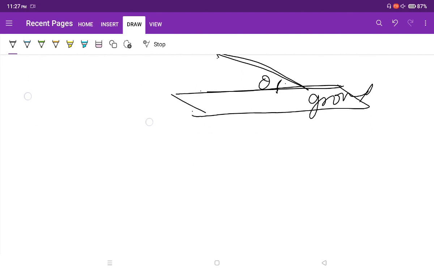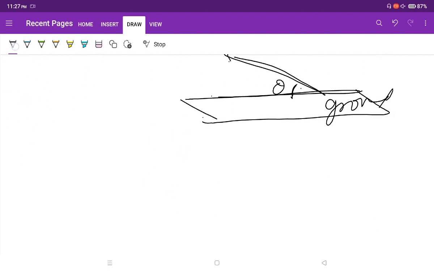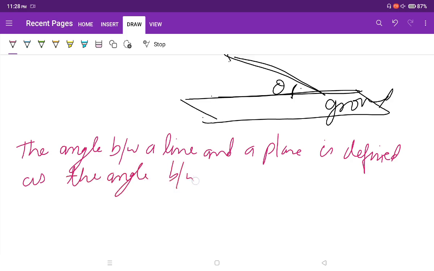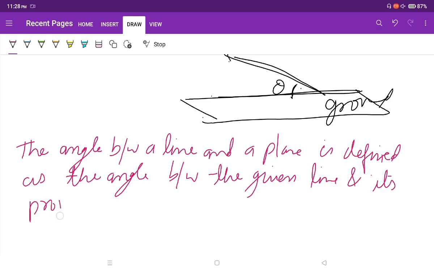Now what is the actual definition here? The actual definition says that the angle between a line and a plane is defined as the angle between the given line and its projection on the plane.